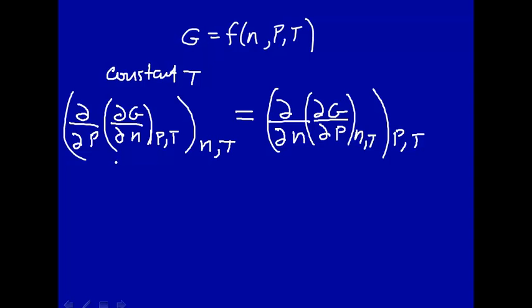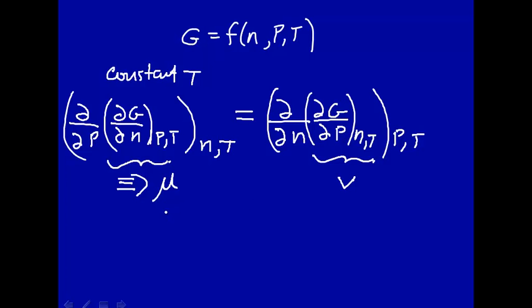All right, so this we've defined as the chemical potential. And this, remember how G changes with pressure at constant N and T. You can go look that up, but in fact that is volume, the conjugate variable that goes with pressure.